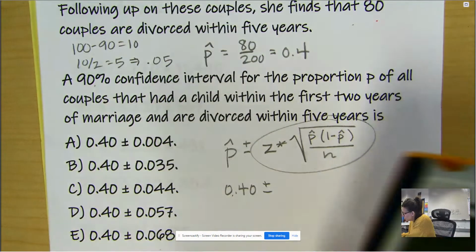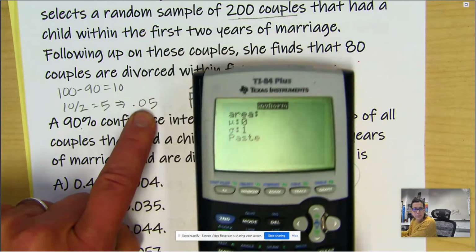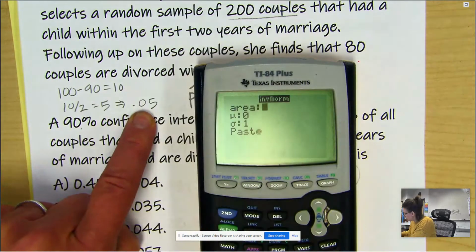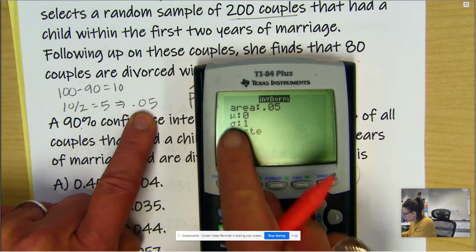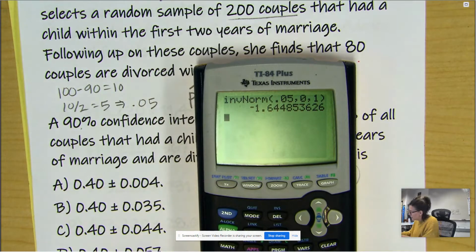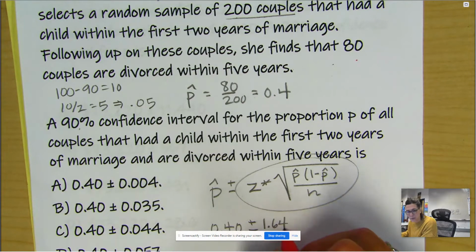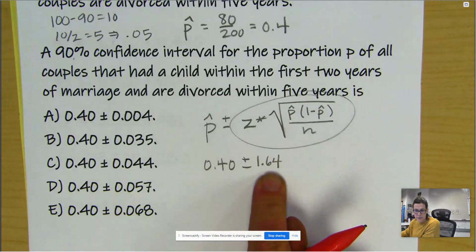So if we're trying to go out to 0.05, again, that'll give me my negative because it's on the left. Enter, and it's standardized. Negative 1.64. So your Z star is 1.64. That's how many standard deviations you have to go out.